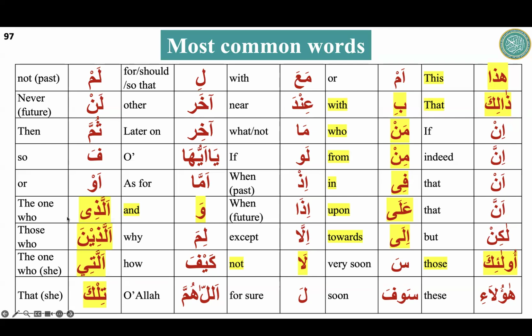These are the most commonly used words. If you randomly open any page of the Quran, you will see that at least these words will be there in every line.